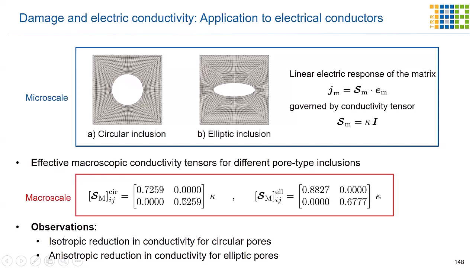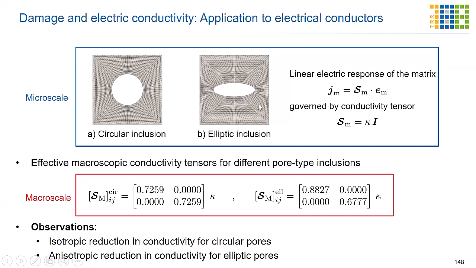However, the second microstructure is an ellipse now, and we expect to see the effect of this geometry on the macroscopic effective conductivity tensor. Here we see that the reduction in the 2 direction or Y direction is significantly larger than in the X direction. I mean, we see a significantly anisotropic response here. That is also something we can observe from the figure.